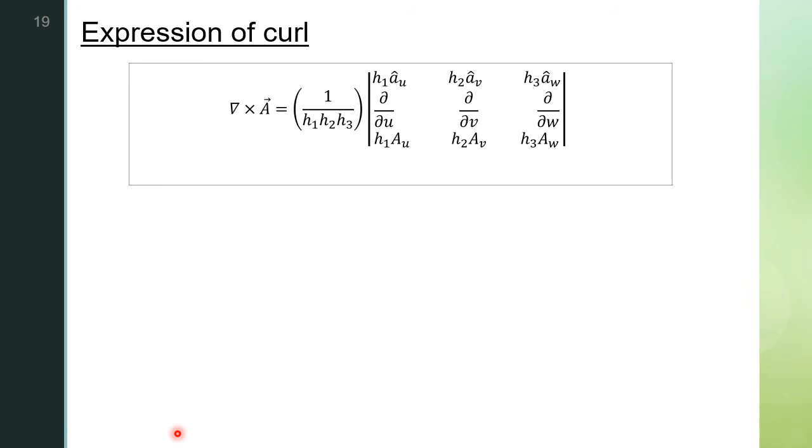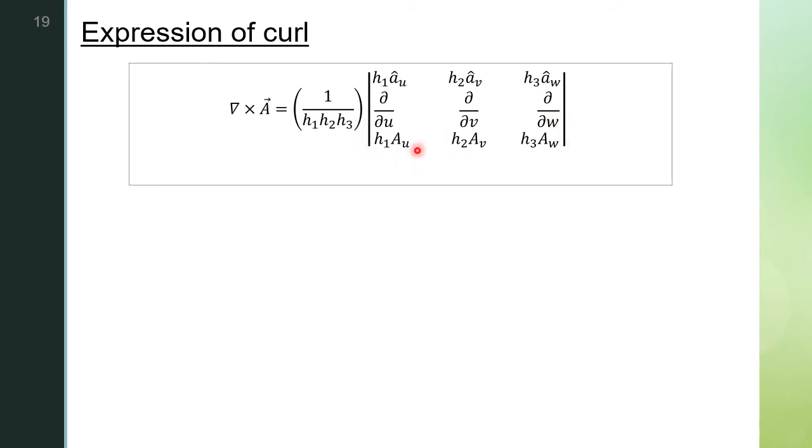In general, the expression for the curl of a vector is given by 1 by h1 h2 h3 times the determinant. The directions are given by h1 a_u cap, h2 a_v cap, h3 a_w cap. Then we take the derivatives, that is, del by del u, del by del v, del by del w.